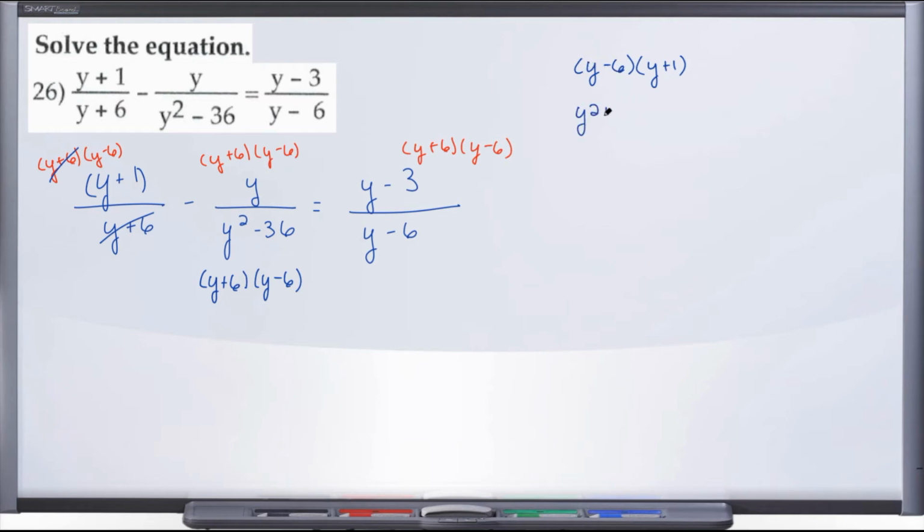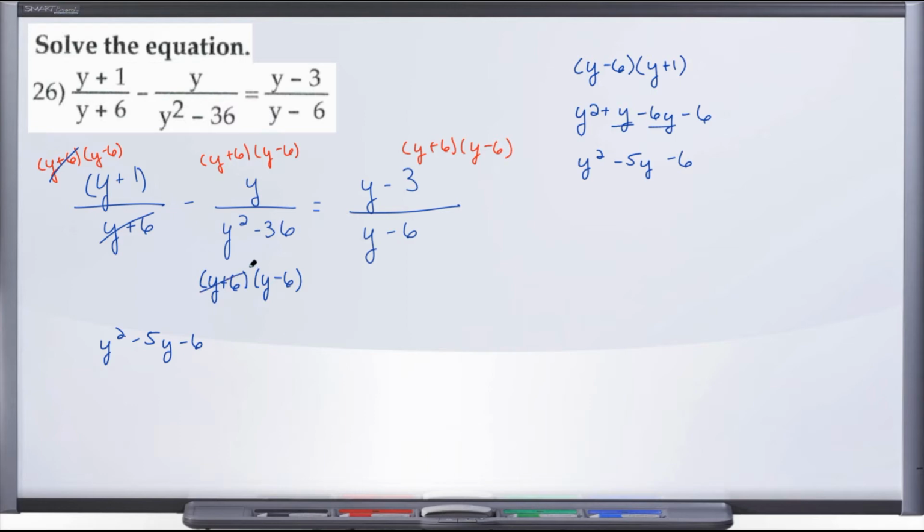Y times 1 is just plus y. Negative 6 times y is minus 6y. And negative 6 times 1, minus 6. So when we combine our like terms, we get y squared minus 5y minus 6. All right, so y squared minus 5y minus 6.